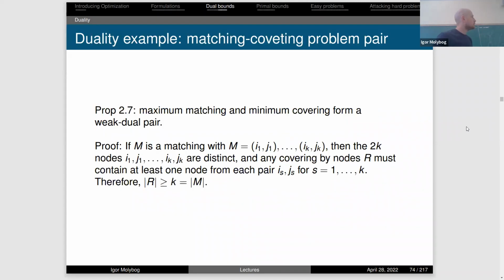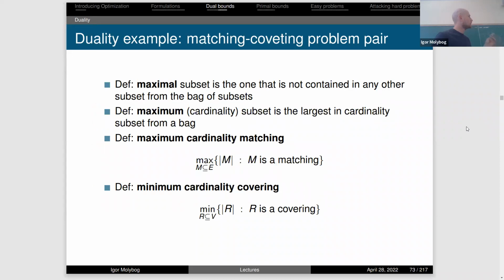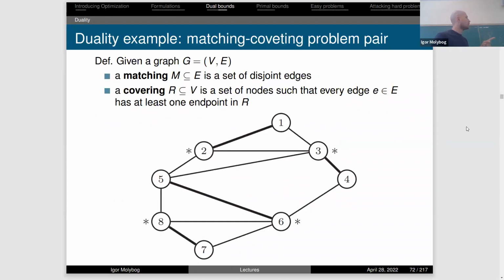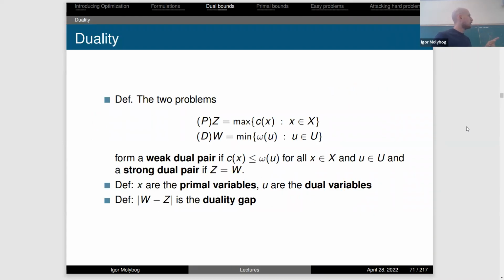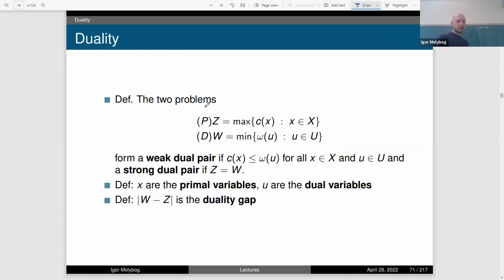It is important to recall the notion of a dual problem.